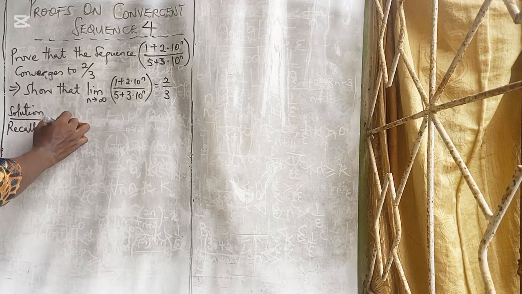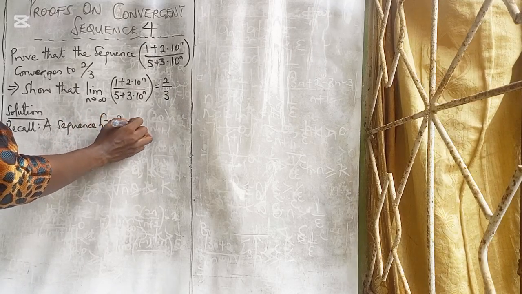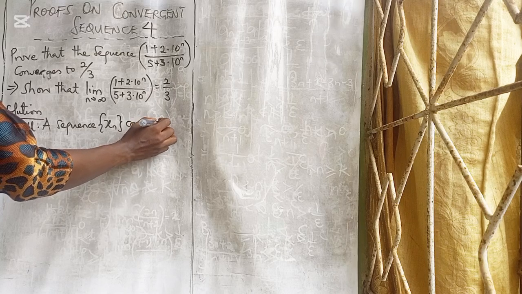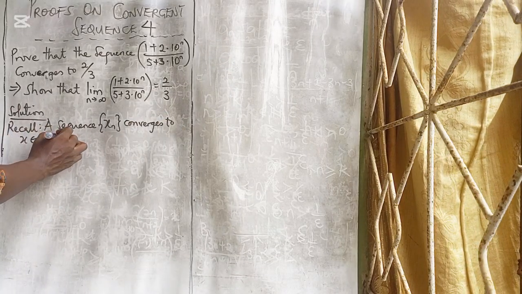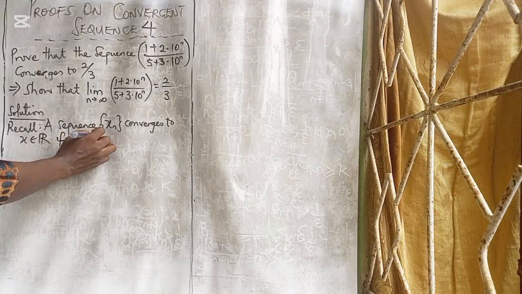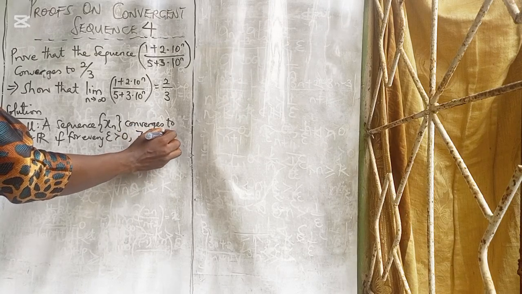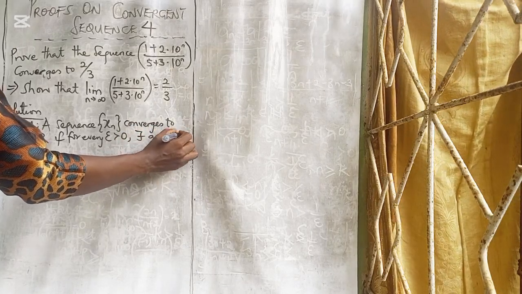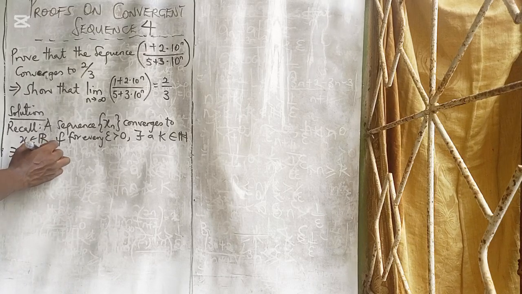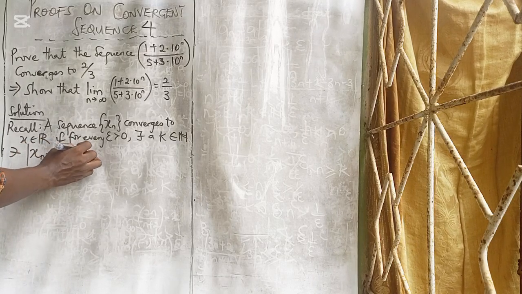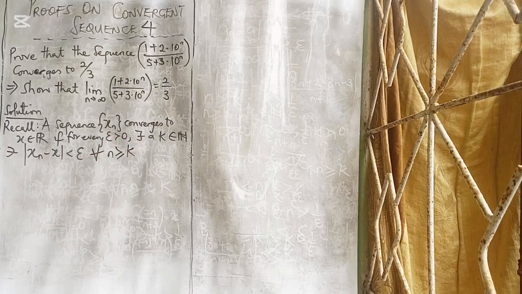It says a sequence xn converges to x, an element of the real numbers, if for every epsilon greater than 0 there exists a k belonging to the set of natural numbers such that the absolute value of xn minus x is less than epsilon for all n greater than or equal to k.